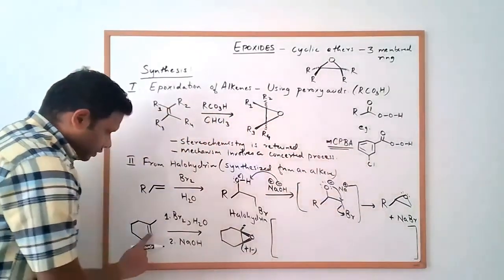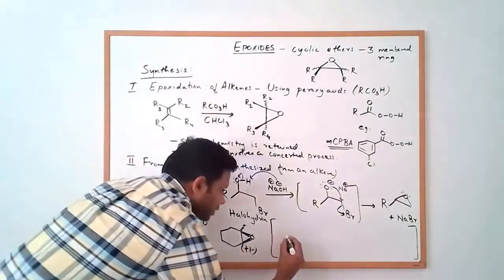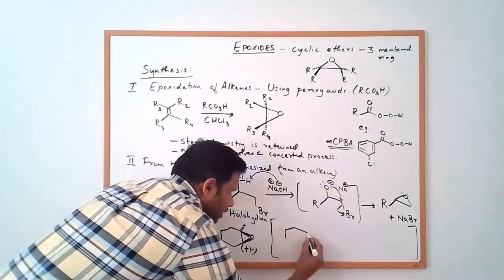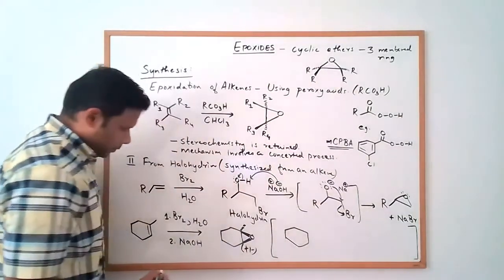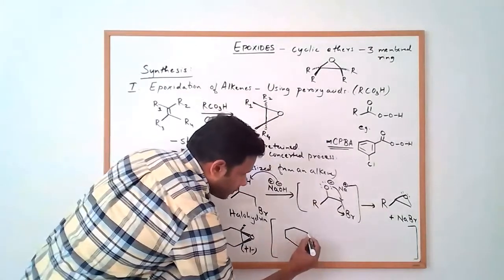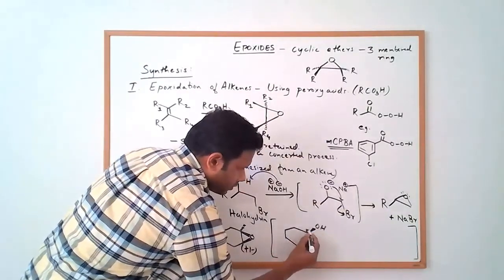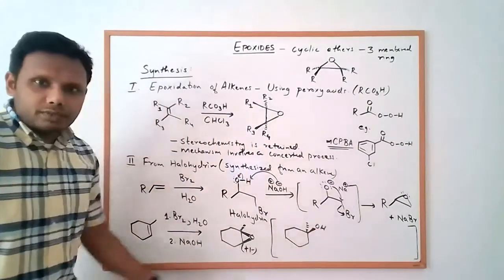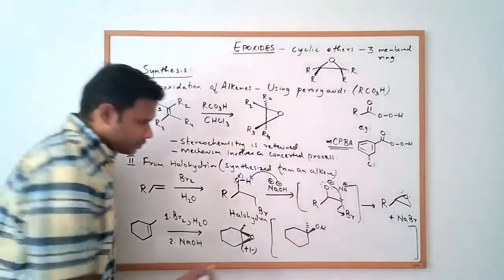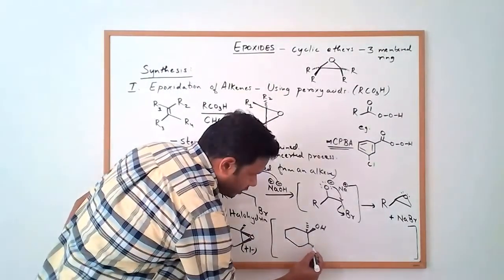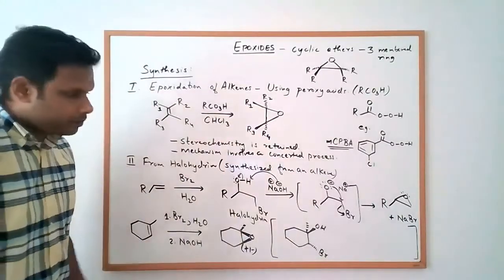So once we do the initial halohydrin reaction, it is going to give us the intermediate where the hydroxyl group is on the more substituted carbon, which is this carbon, and the bromine is going to be on the less substituted carbon.